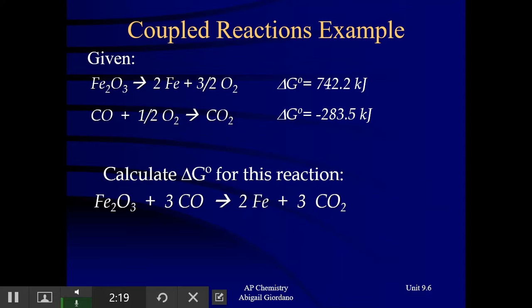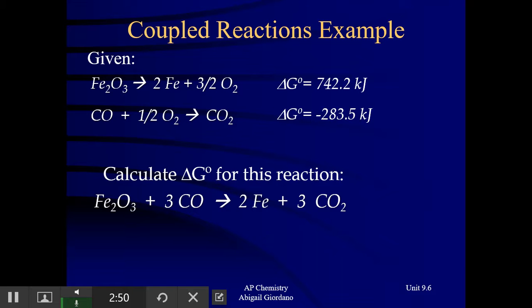It's very positive. That is a very unfavorable reaction in the forward direction. The second reaction has oxygen as a reactant, and oxygen is a product in the first reaction, so they have an intermediate in common, and that second reaction is favorable. And the question says, calculate delta G for this overall reaction.